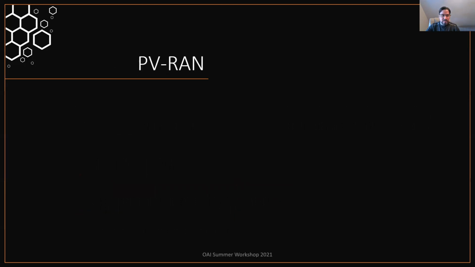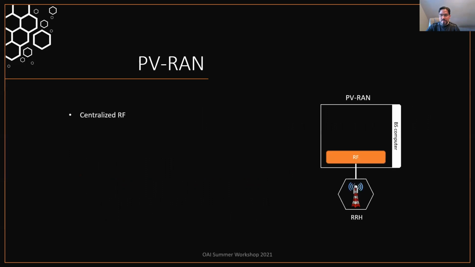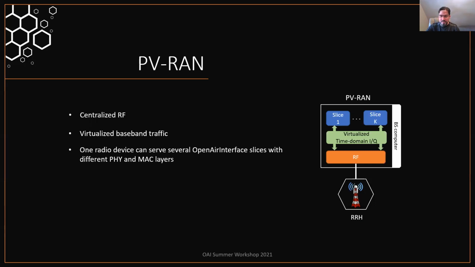Now let's have a look at the PVRAN architecture. PVRAN centralizes the RFIO functions at the base station computer. This means that the RF is decoupled from the rest of the protocol stack, and the baseband traffic flowing between RF and the slices is virtualized. This architecture allows us to run whole stack slices of OpenAirInterface with different PHY and MAC layers on top of the same radio frontend.